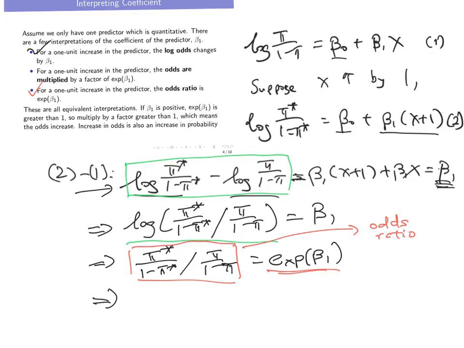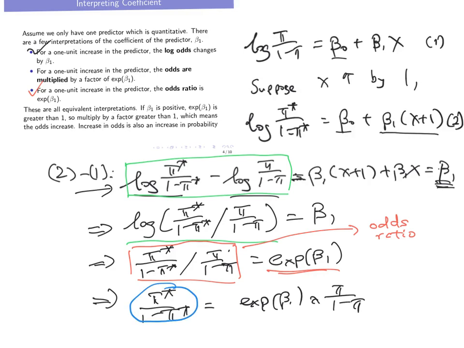Now if I do another step, if I multiply both sides by pi over 1 minus pi, I get pi star over (1 minus pi star) equals exp of beta 1 times pi over (1 minus pi). So it's basically saying the new odds is equal to the old odds times exp of beta 1. So that's why I have this interpretation, right?